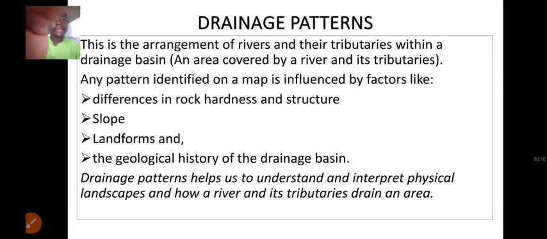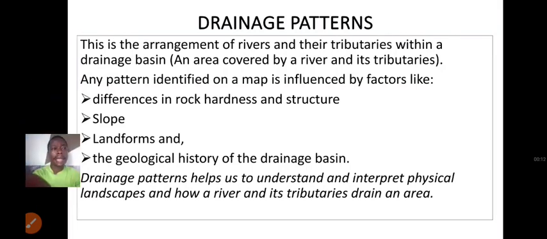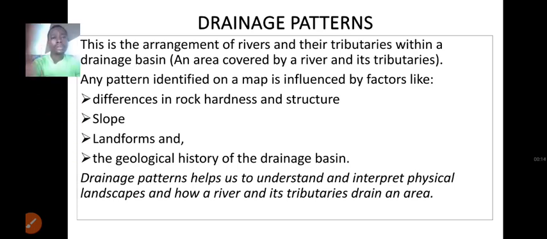As we met last time, we talked about conventional symbols and signs and how they can be shown or presented on a topo sheet, because learners or students of geography are always required to read and interpret their maps by using the legend, which is made up of conventional signs and symbols.